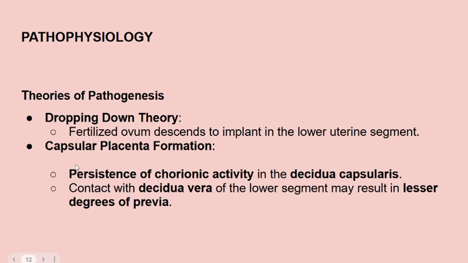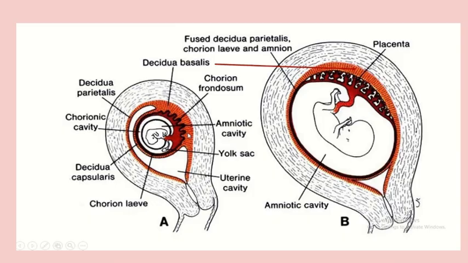We also have the problem of capsular placenta formation. Here, the placenta formation from the first few weeks of life is abnormal. There's a part of the placenta called the chorion frondosum, and there's a part of the decidua called the decidua capsularis and the decidua parietalis.